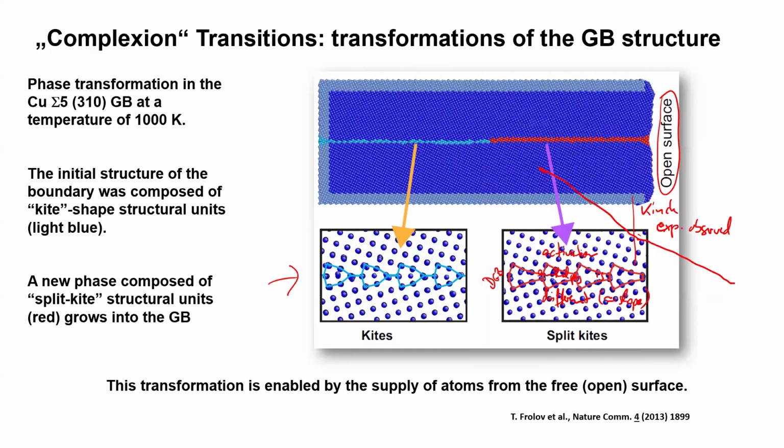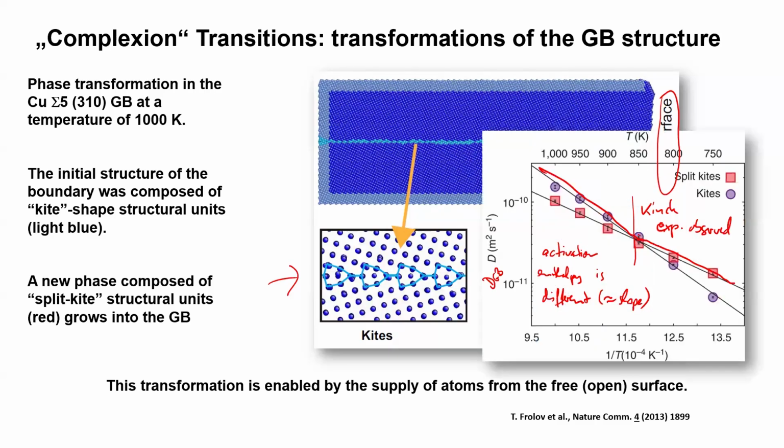But here we have to, this is a picture showing that the transformation can go on. These diffusion calculations are done in near equilibrium conditions, where only one of the phases would be present. So you would take your system and take the configuration so that either kite or split kite structural units make up the boundary at a given temperature.